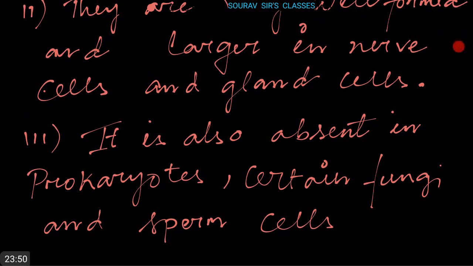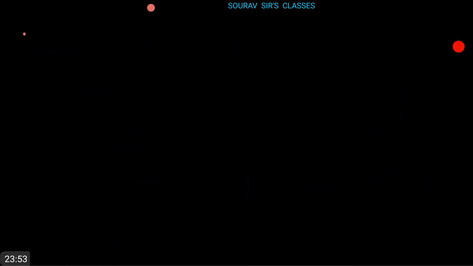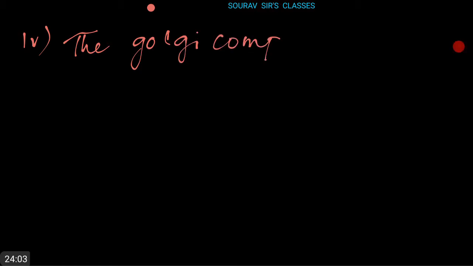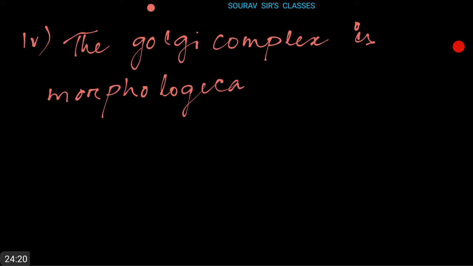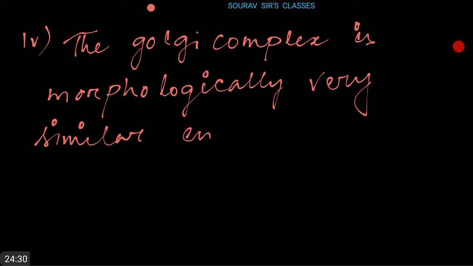The next point is, the Golgi complex is morphologically very similar in both plant and animal cells.